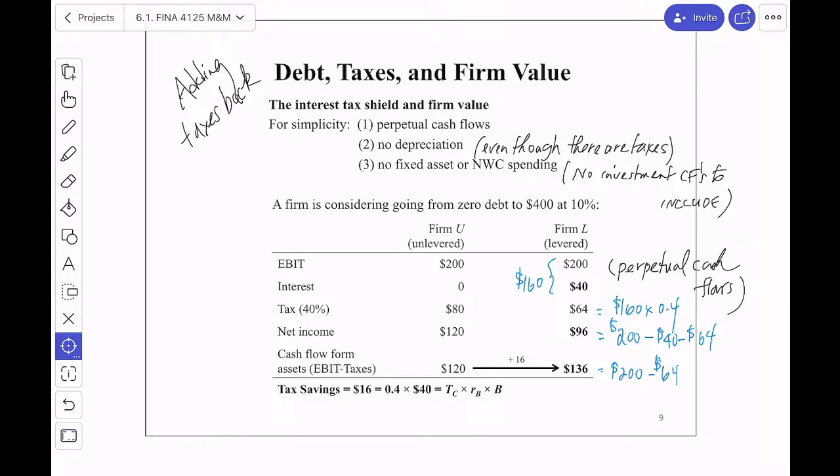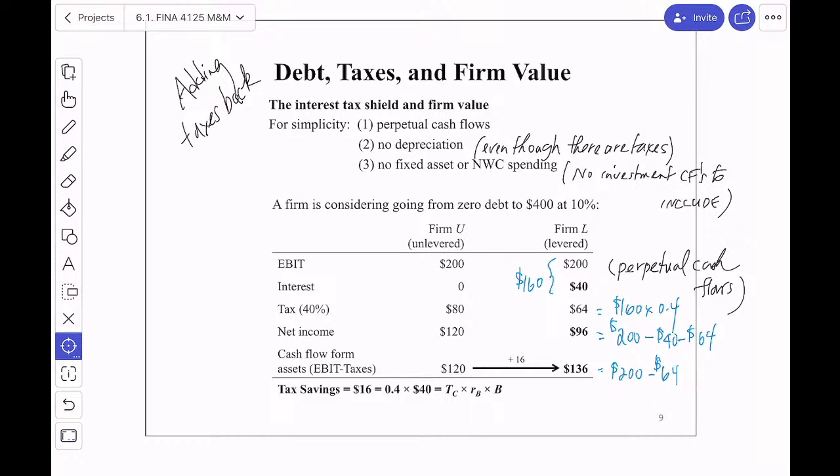Remember, just like tax shields, we have now tax savings as a result of the tax deductibility of interest payments. So how did I calculate that?